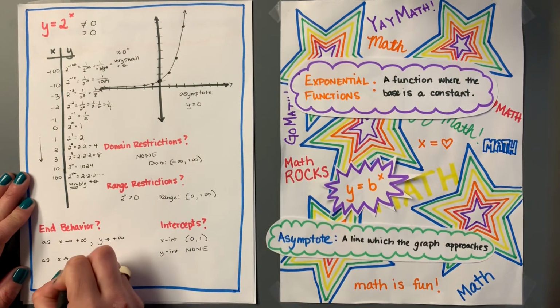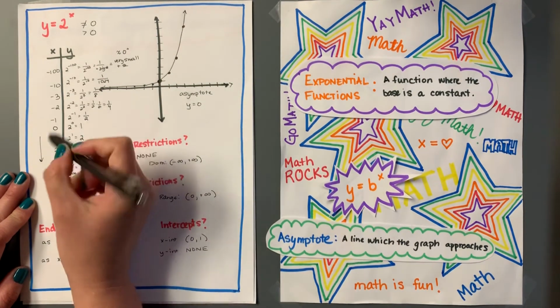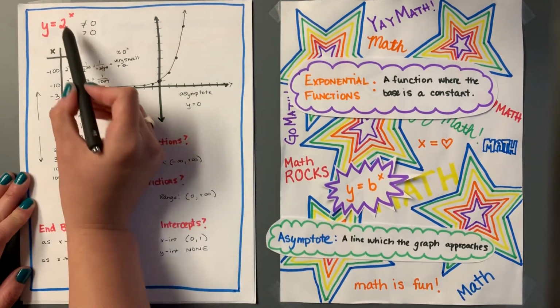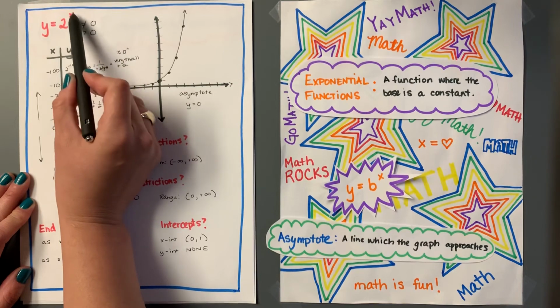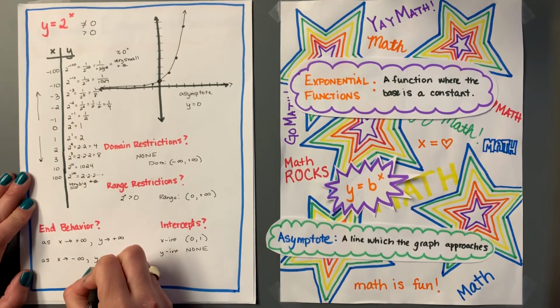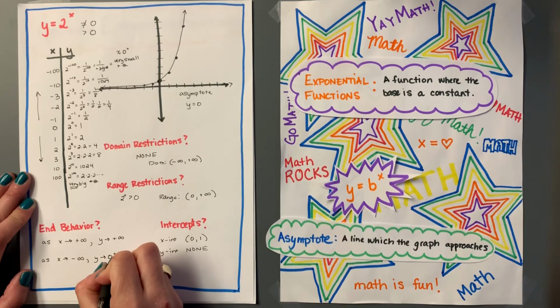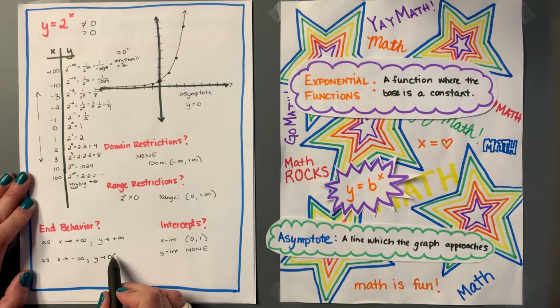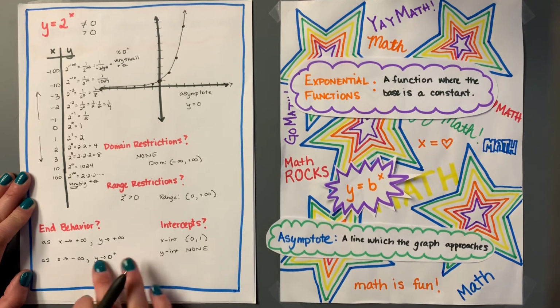As x approaches negative infinity, so as we go this direction, as x gets more and more negative, this quantity is going to get smaller and smaller. It's actually going to approach 0, but it's always going to stay positive. So I write this as 0 with a little plus sign over here. This means that y will approach 0 but stay positive.